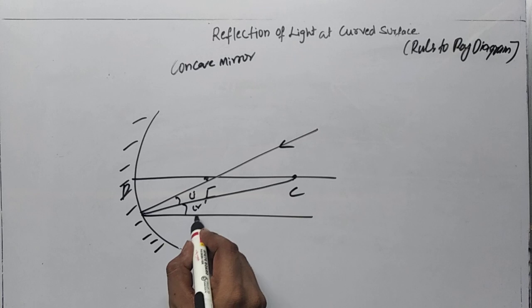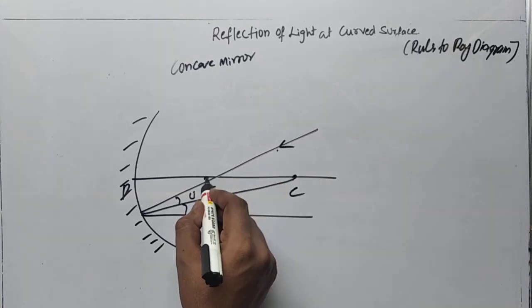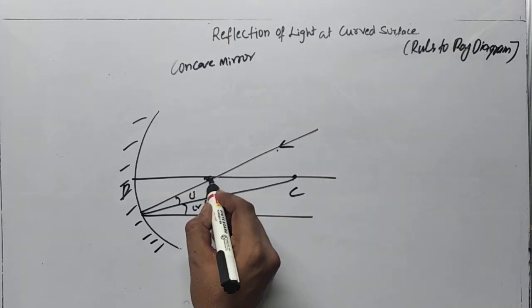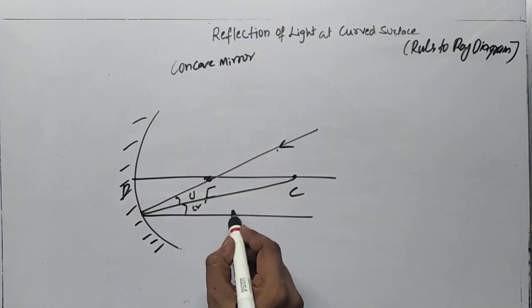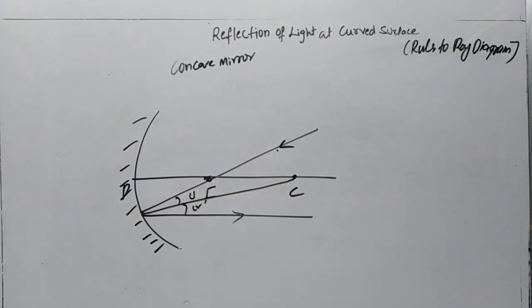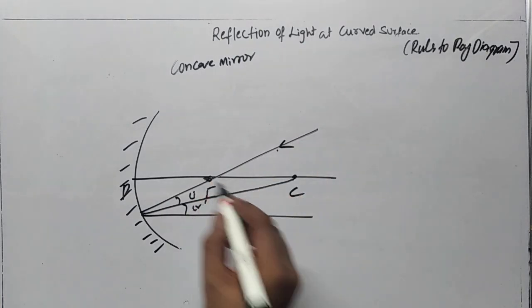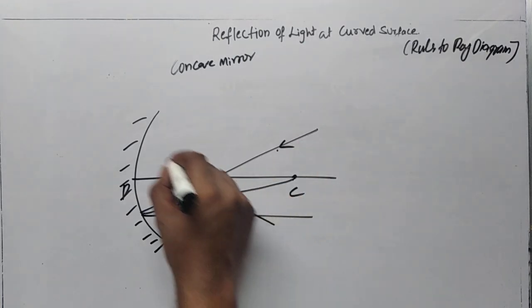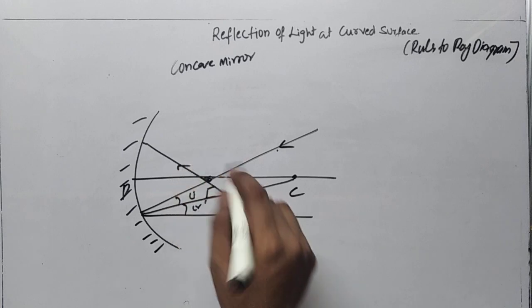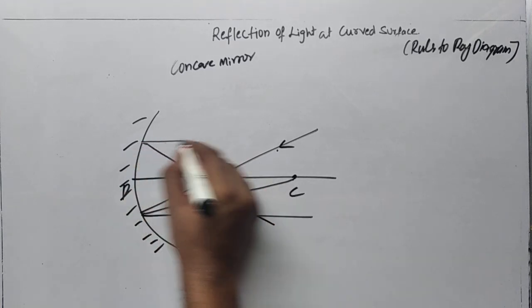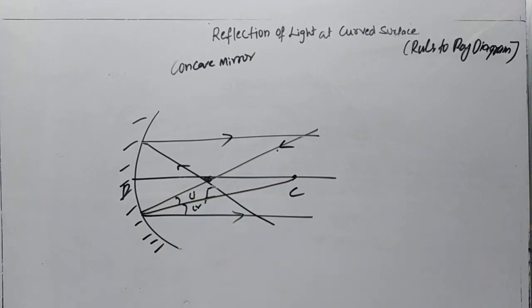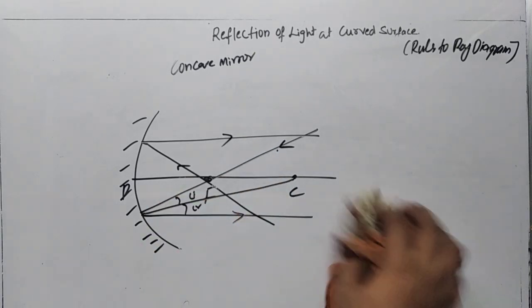So whenever an incident ray passes through the focus, the reflected ray will become parallel to the principal axis. This is rule 2.